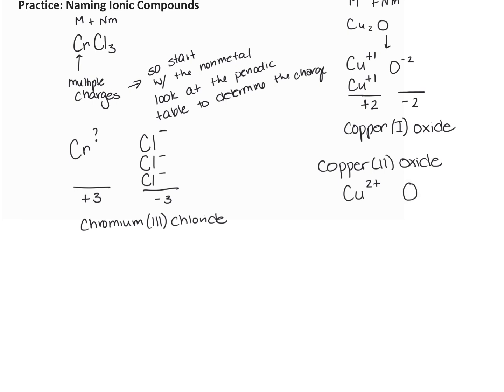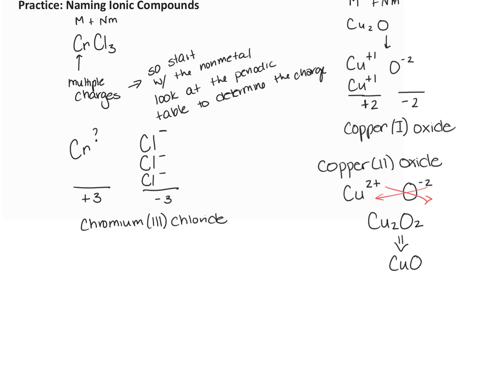And then oxygen here, you look at the periodic table, it's -2, right? Crisscross applesauce down. That's Cu2O2, and then you reduce, and that gives you CuO.